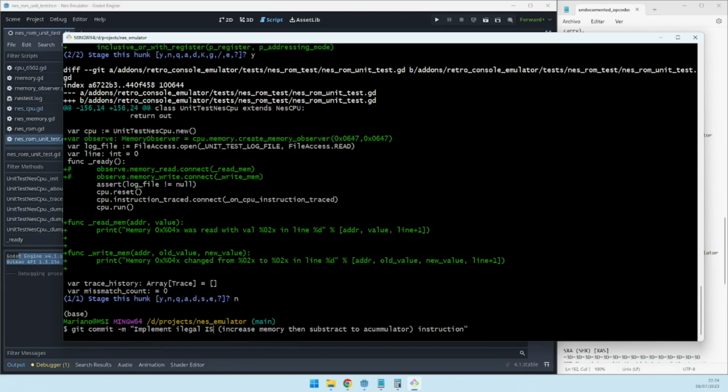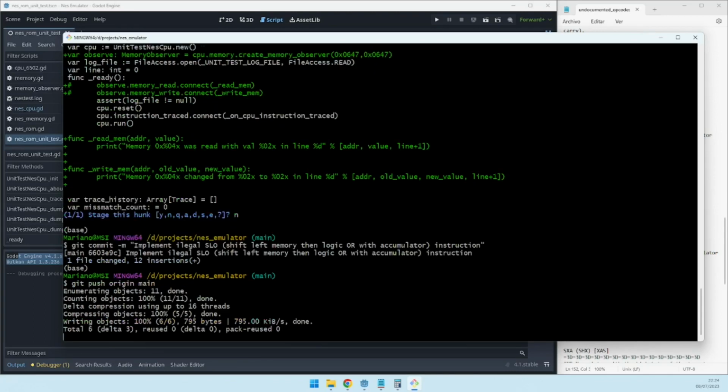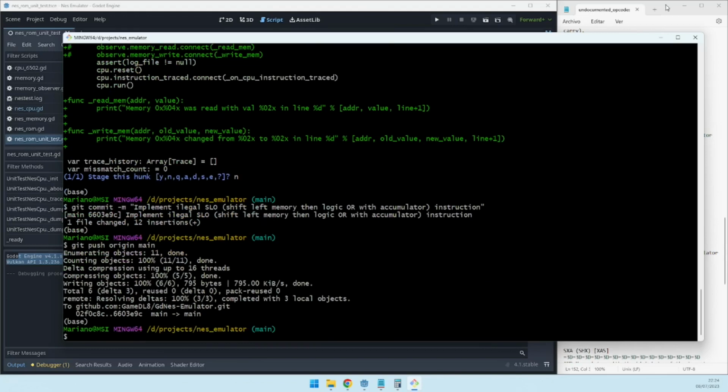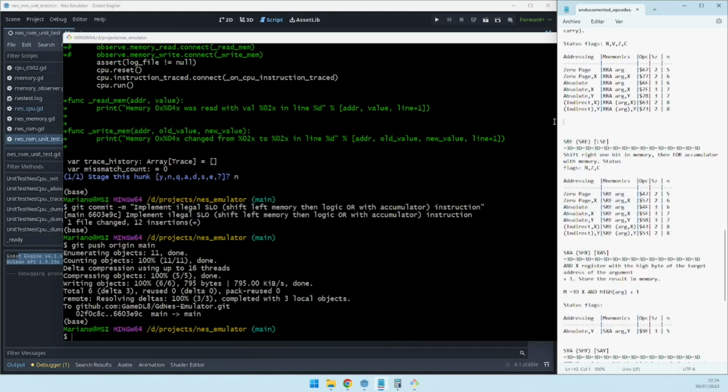Implement illegal SLO instruction: shift left memory then logic OR with accumulator. Git push origin main. So most of these instructions are just combinations of simpler instructions.